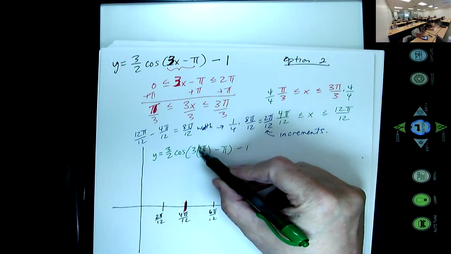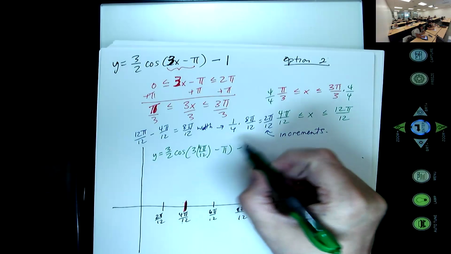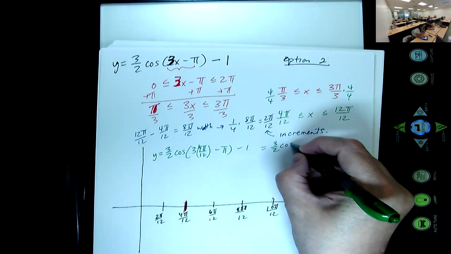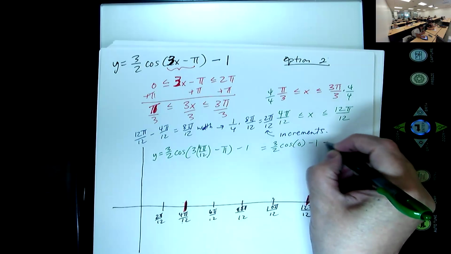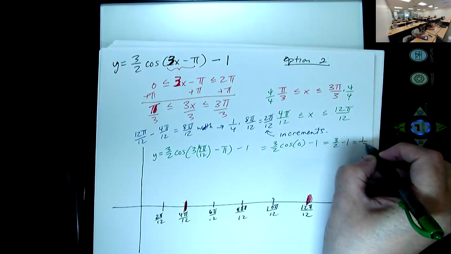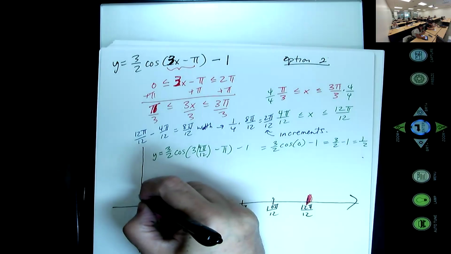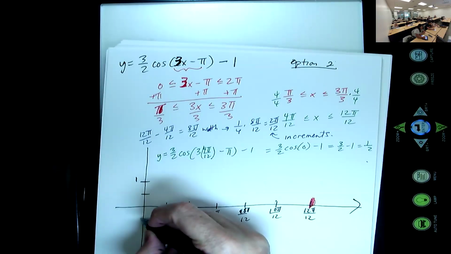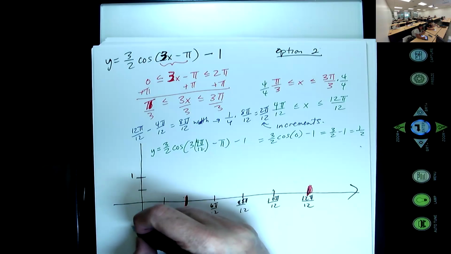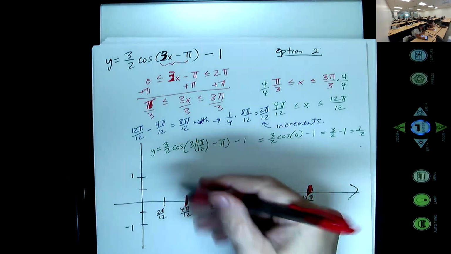That is 12 pi over 12, which is pi. Minus pi is 0. This is 3/2 cosine 0 minus 1, which is 3/2 minus 1, which is 1/2. So the first point would be right here.